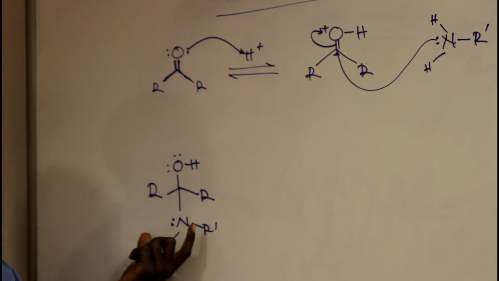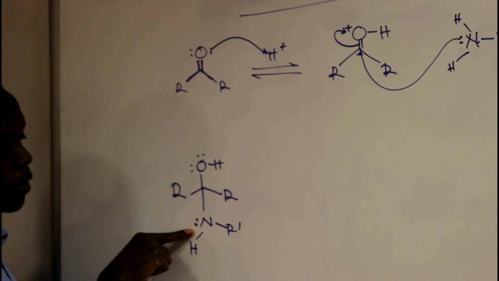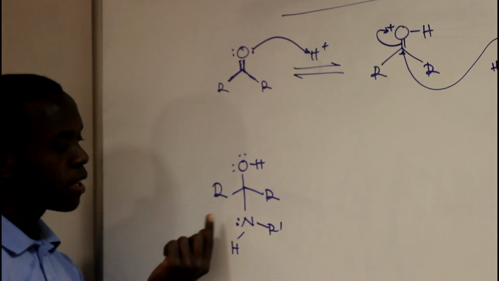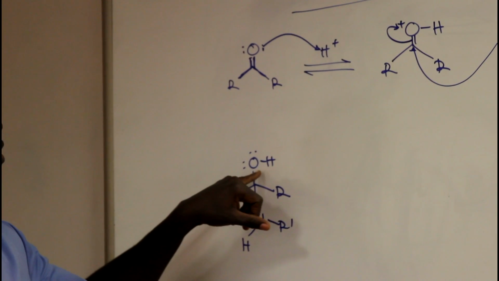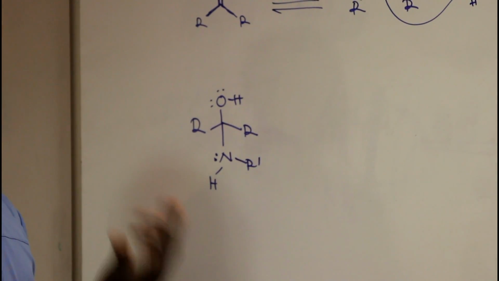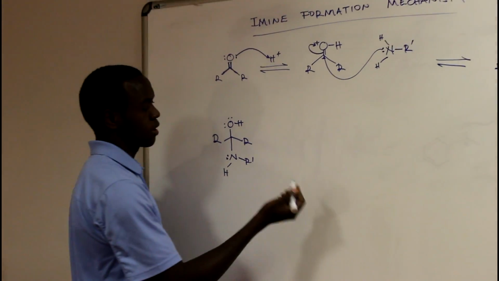At this point, these lone pairs are going to attack that carbon. But before that happens, we need to ensure that the OH group is susceptible and easy to break off. How does that happen? It has to react with another proton.